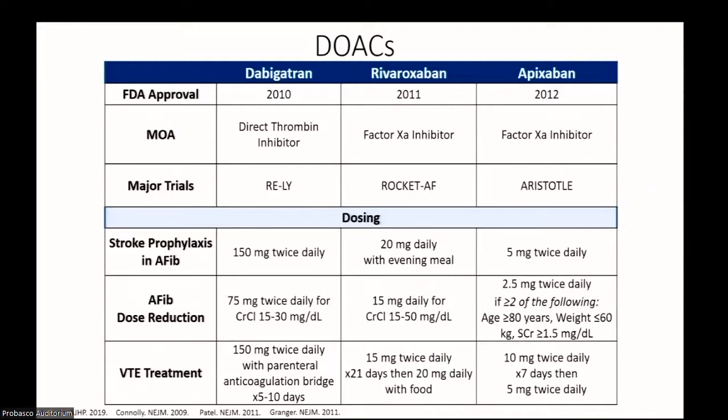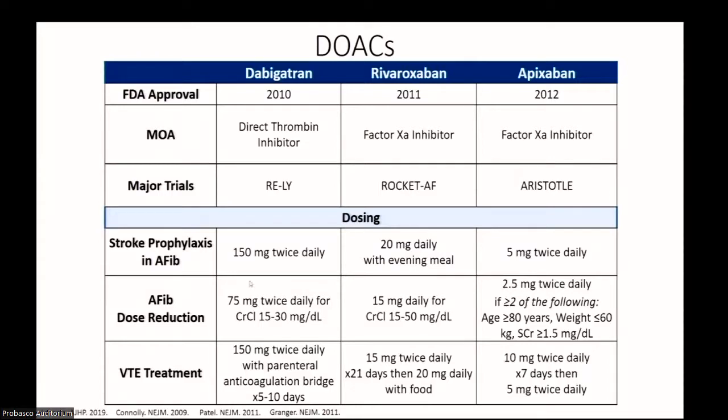Rivaroxaban is one of our direct acting factor 10A inhibitors. It is indicated to reduce the risk of stroke in AFib and for the treatment of VTE. The 2011 ROCKET-AF trial looked at AFib patients, and it was found to be non-inferior to warfarin for prevention of stroke or systemic embolism. They also noted that intracranial and fatal bleeding occurred less frequently in the rivaroxaban group.